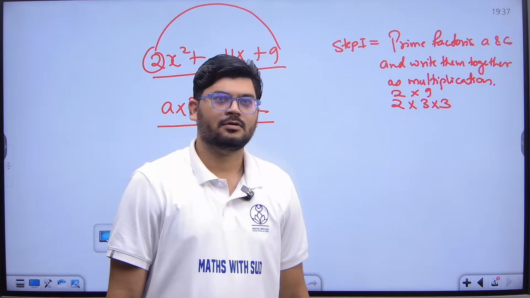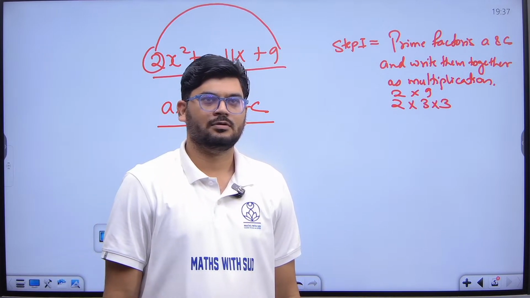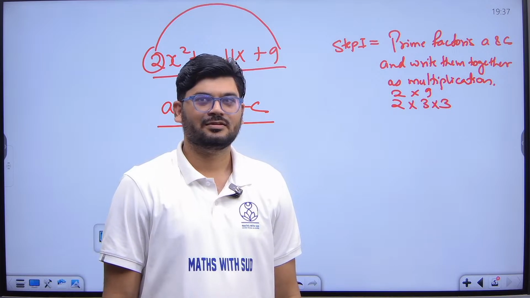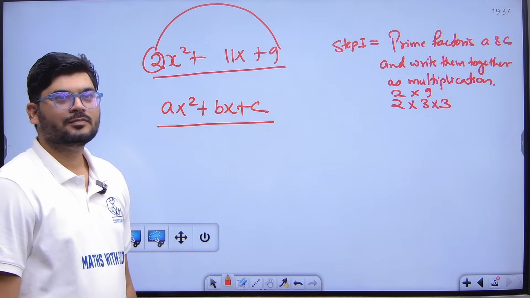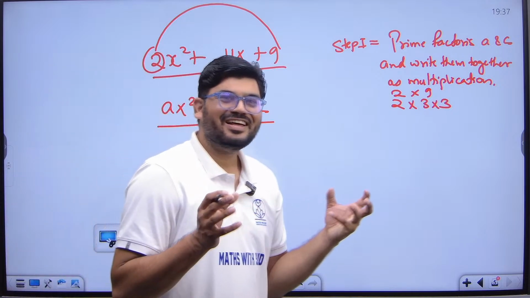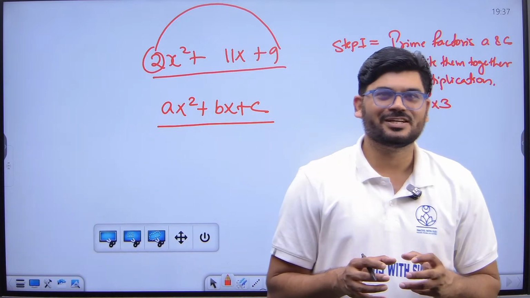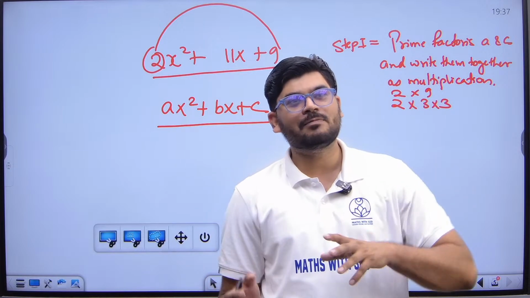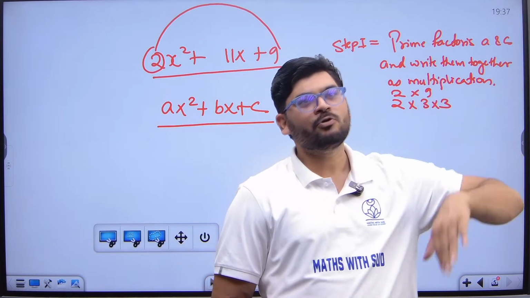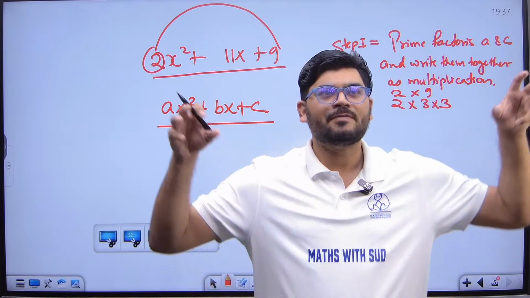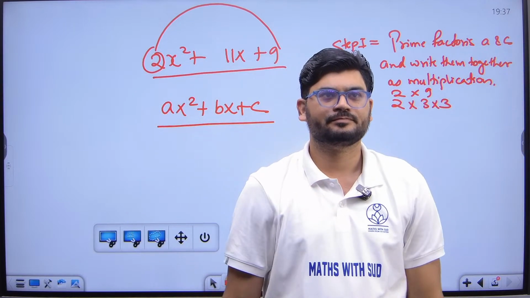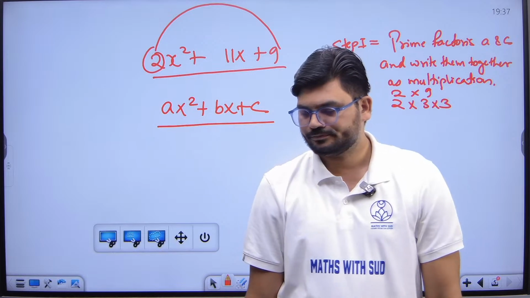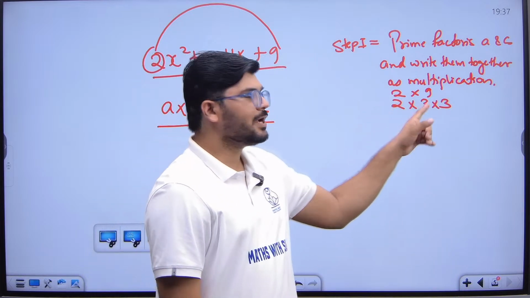And 2 comes from here; 2 is the prime factorization of 2. You have to write both numbers in the form of a multiplication. So rather than multiplying 2 into 9, 18, and then doing the prime factorization, just do the prime factorization of both numbers and write them in the form of a multiplication. So this will become 2 into 3 into 3.